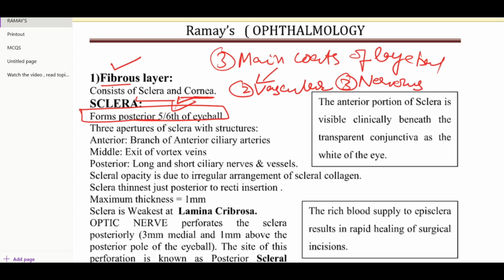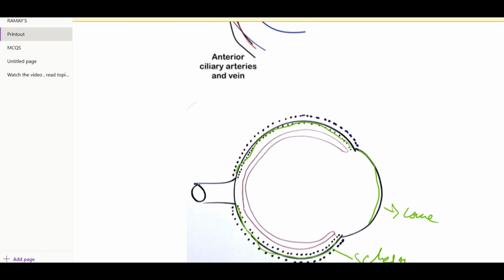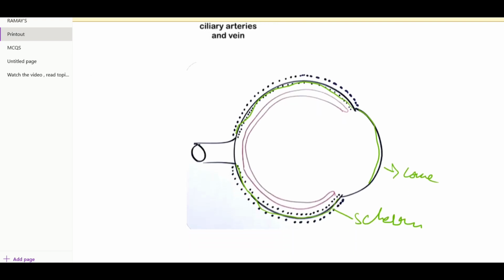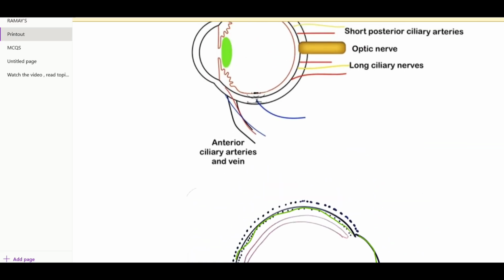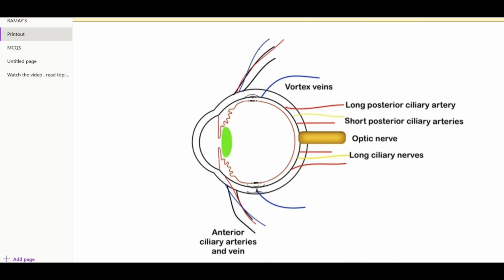There are three apertures of the sclera with different structures. Let's see this in the diagram. This whole posterior part is the sclera, and there are three different apertures.